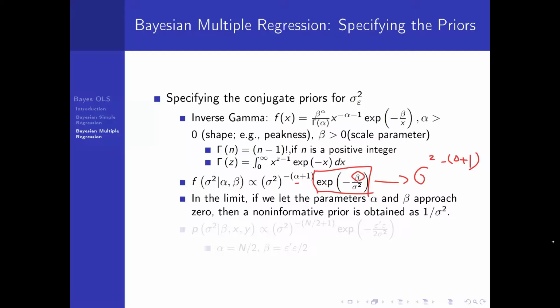Then we can have a non-informative prior as 1 over sigma squared. So in this case, usually we would set alpha to be a very small number, almost 0, and beta similarly.